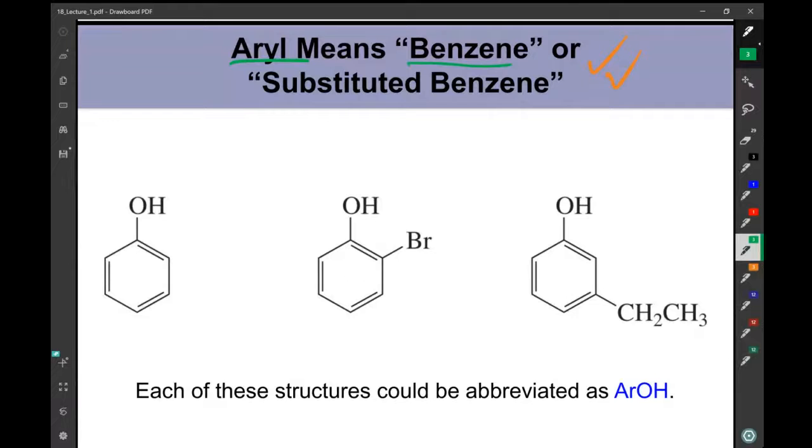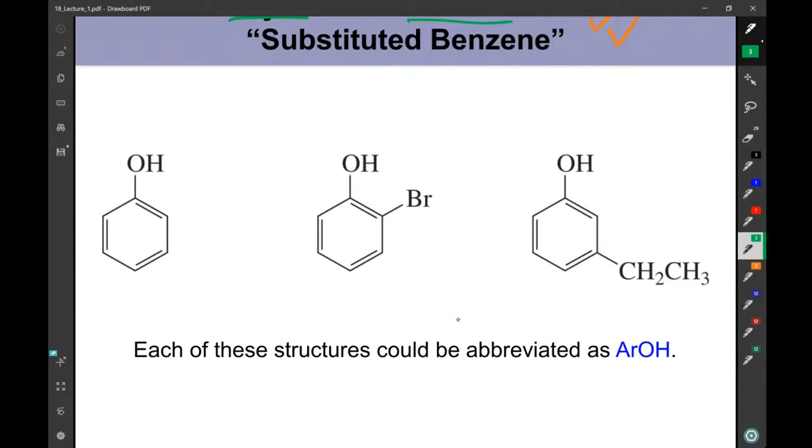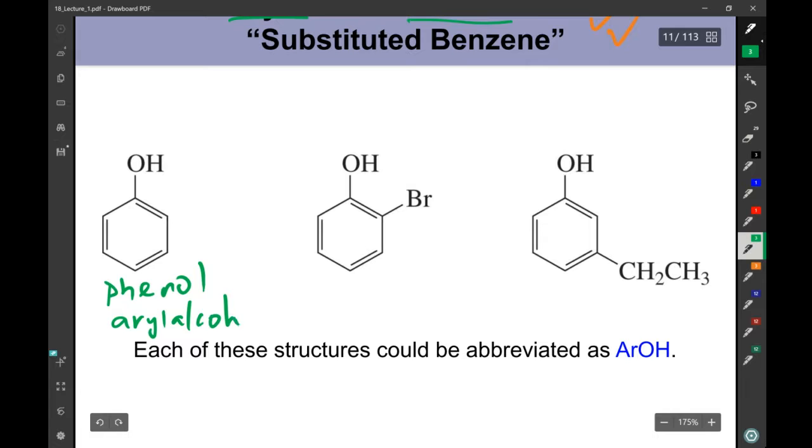So, for example, phenol, this is phenol here, will sometimes be referred to as aryl alcohol. That's where phenol can sometimes be referred to. And the short form of it can be abbreviated as ArOH because the Ar stands for aryl.